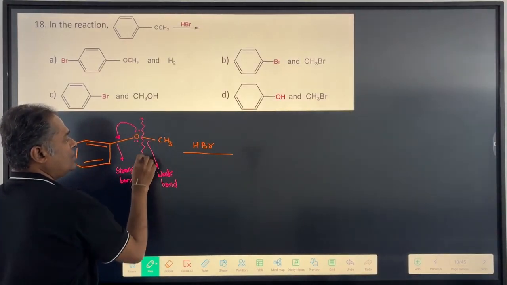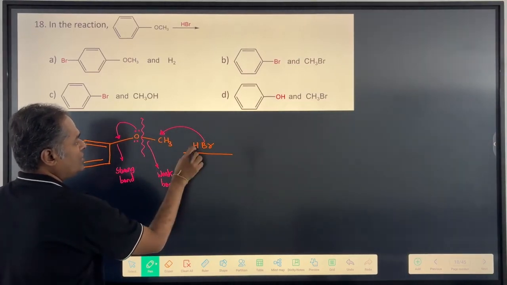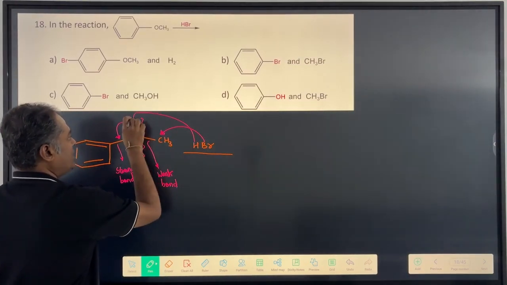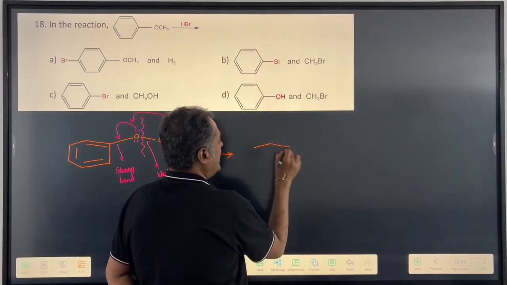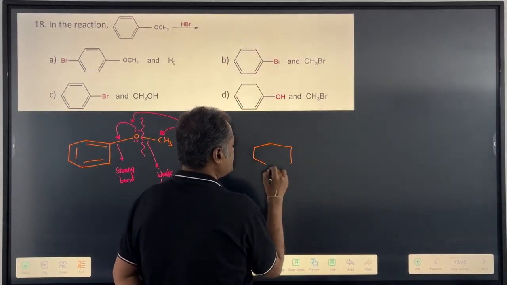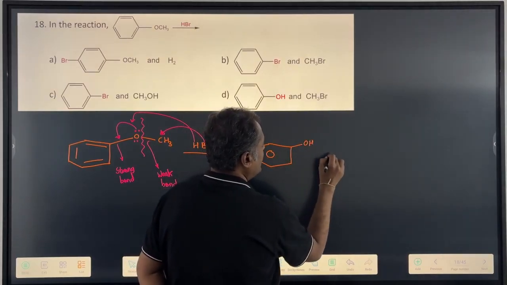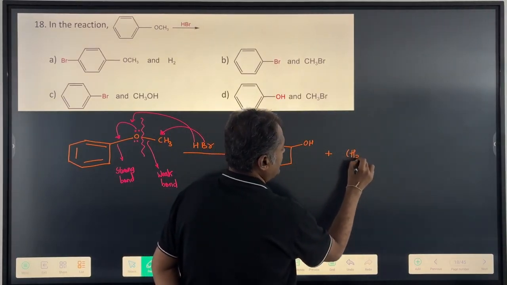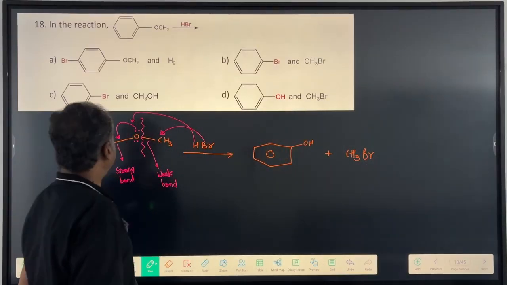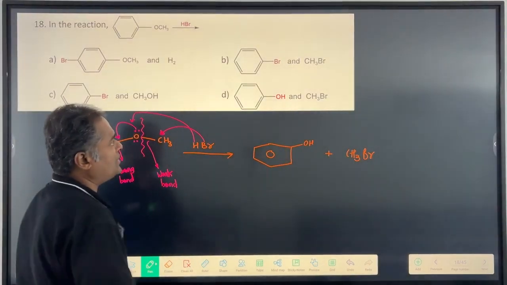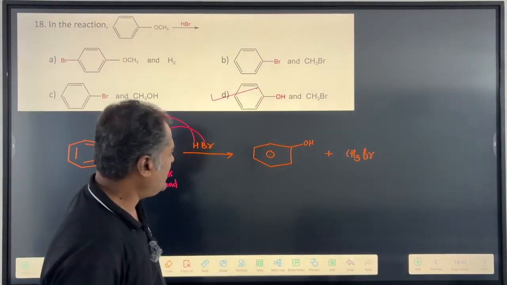This one, where your Br will get attached over here and your H will get attached over here. So, the answer in this example would be phenol and methyl bromide as the other product. The correct answer for this MCQ is option D. I hope this is clear, child.